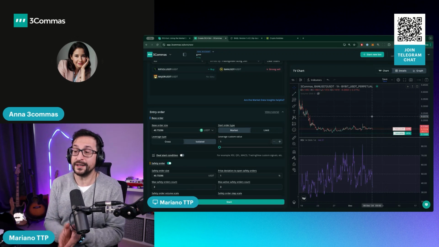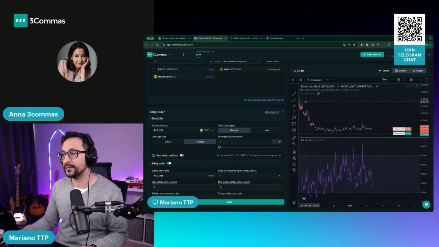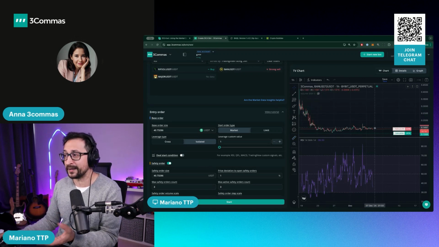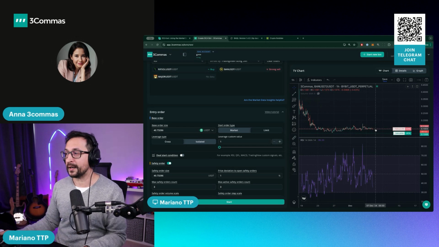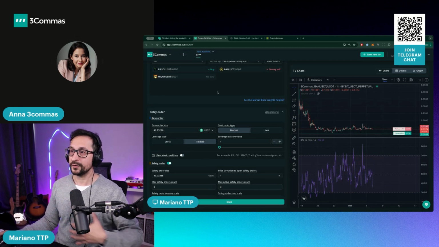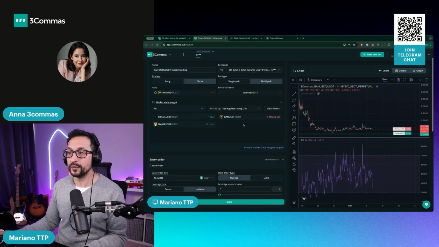Of course, we are not in a bear market. We are not expecting to see a drawdown of 60% like we saw in the bear market, but even in the bull market, if the coin has rallied too high, we should also be expecting eventually some cool downs, some pullbacks, and that is totally normal, even in the bull market.